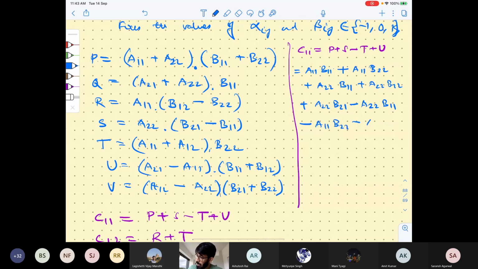A11 B22 minus A12 B22, and plus U. So plus A21 B11 plus A21 B12 minus A11 B11 minus A11 B12, right?